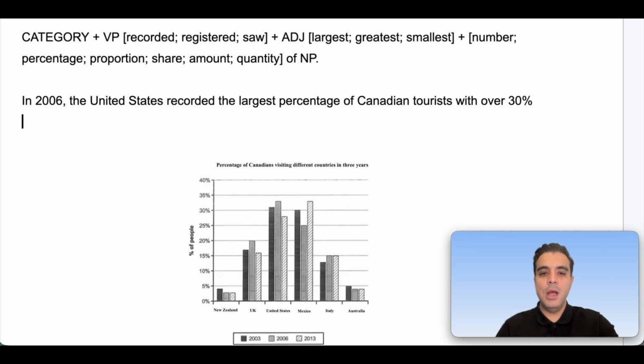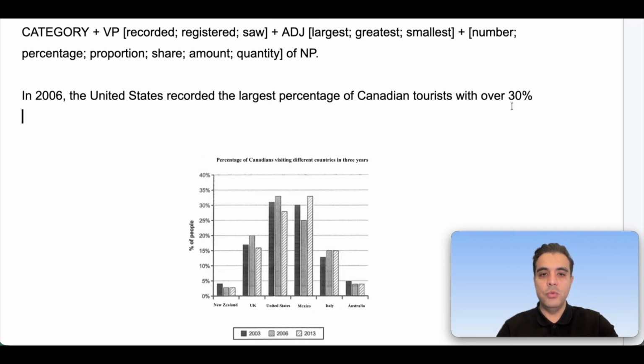Let's do another example before we move on. This time, let's go with the lowest, right? So for the year 2006, the lowest percentage of Canadian tourists visited New Zealand, right? So there it is. That's the smallest bar.